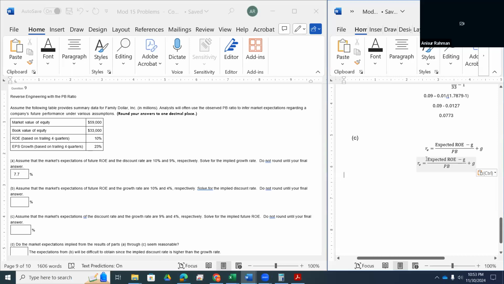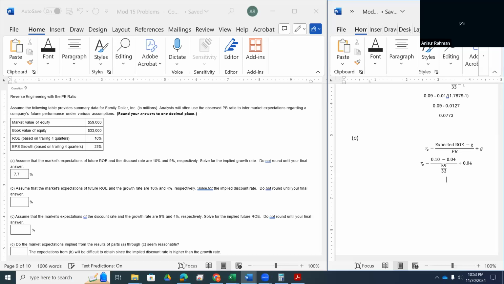So our expected ROE is again 10%. Our G, in this case, we're assuming 4%. And then our PB, we need to calculate 59 divided by 33.04.